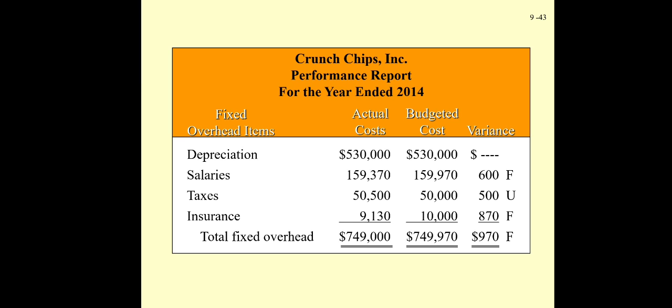So you can see some of the differences are favorable, and there are also unfavorable differences or variances. Total fixed overhead cost, you can see the numbers in column 2 and 3, and then the total variance is 970 favorable.